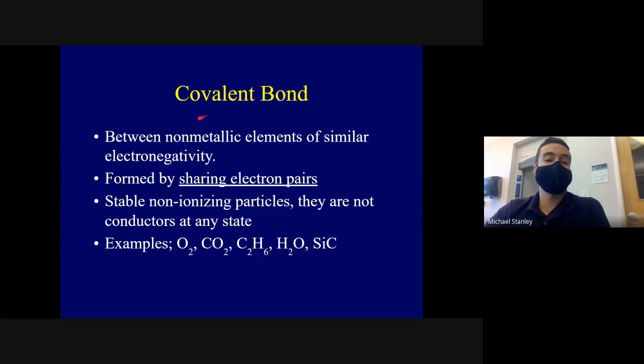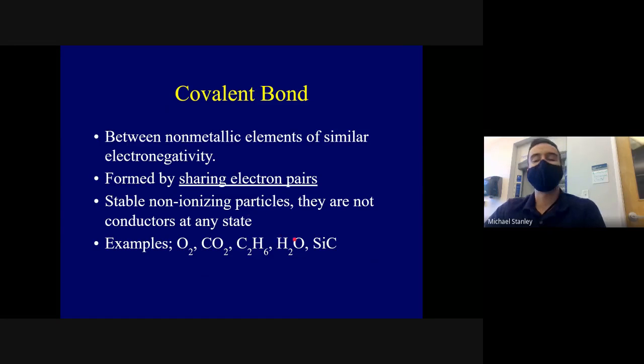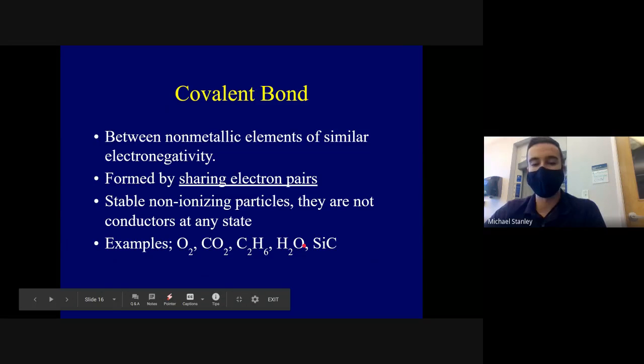So covalent bonds tend to happen between two or more nonmetals. Like oxygen likes to make covalent bonds with itself a whole lot, which is where O2 comes from. Carbon dioxide, CO2, is formed by a covalent bond. This is C and O, both are nonmetals. Water is another very popular covalent bond. So hydrogen is a nonmetal and oxygen is a nonmetal.